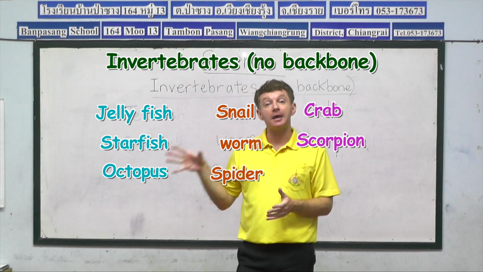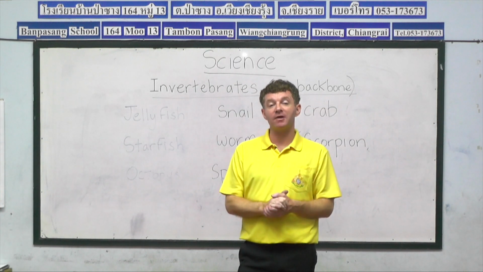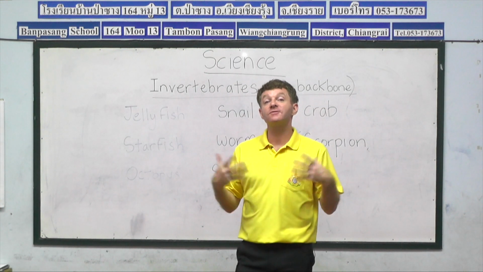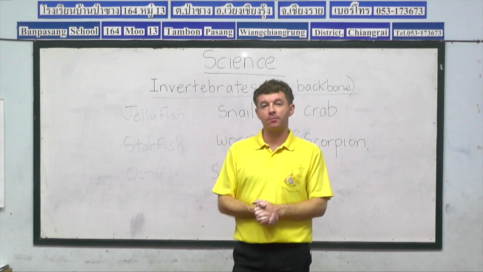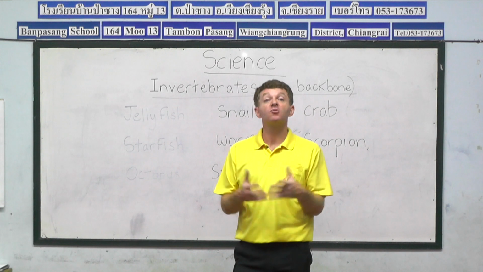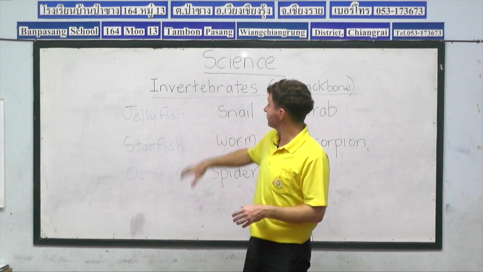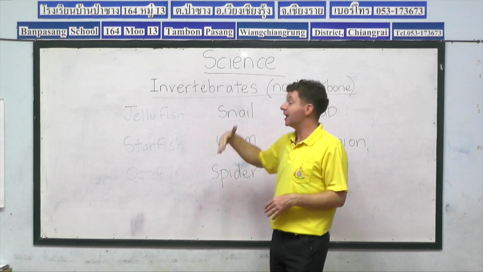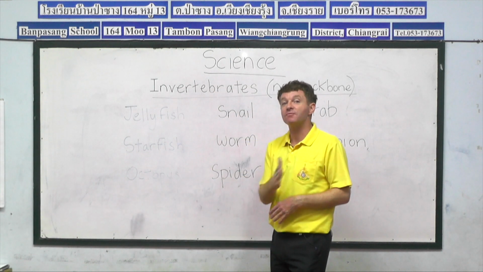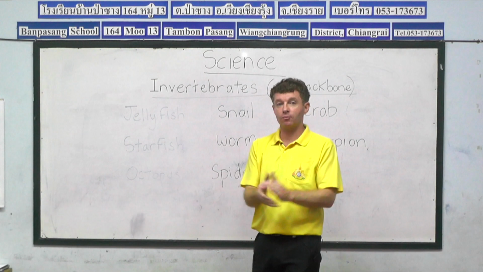So we're going to take another look at a PowerPoint presentation for our students to further understand the different types of invertebrates, which we can call subcategories, because they've already been categorized once as invertebrates and then subcategorized 8 further times into different groups.